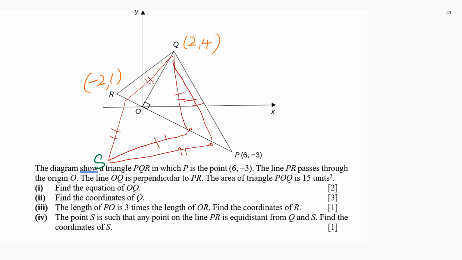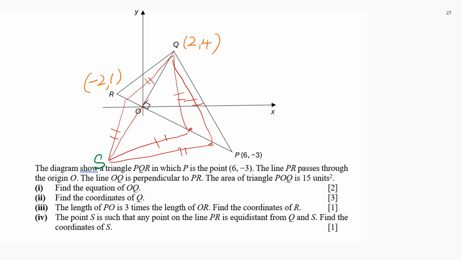If you were to join your point S to O and to Q, QS is actually perpendicular, or rather RP is actually the perpendicular bisector of QS.